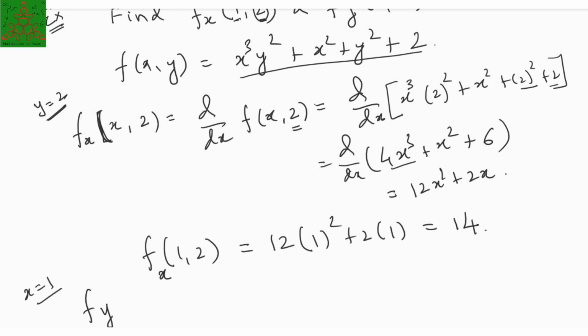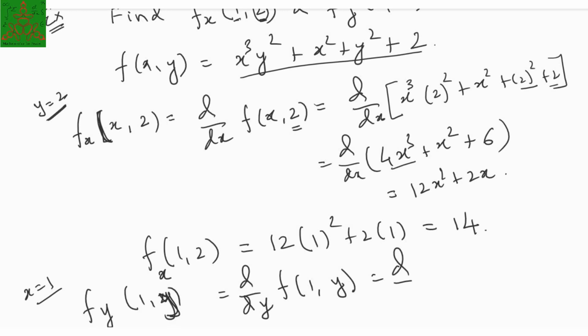In the same way, we can calculate fy. Now the point is (1, 2), so I am fixing x equal to 1 here. That is d by dy of f of 1, y. Now you can just substitute x equal to 1 in this equation, so it is 1 cube y square plus 1 square plus y square plus 2.